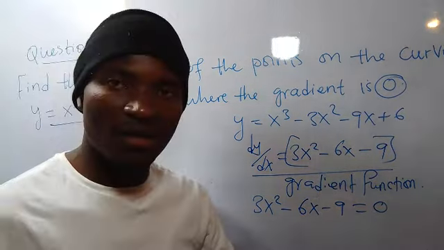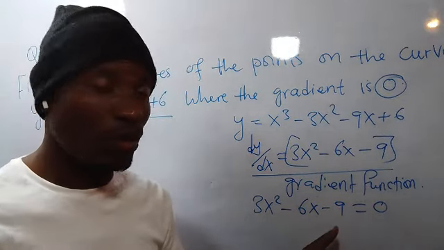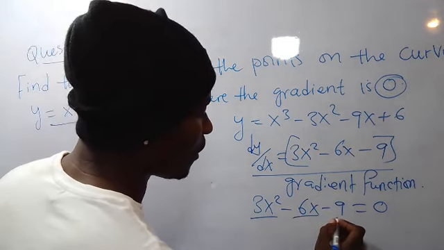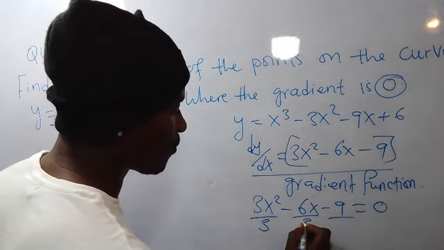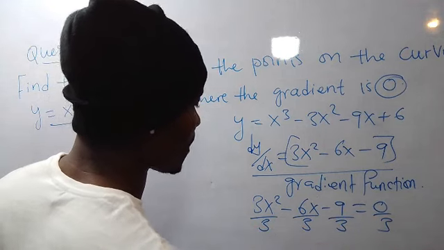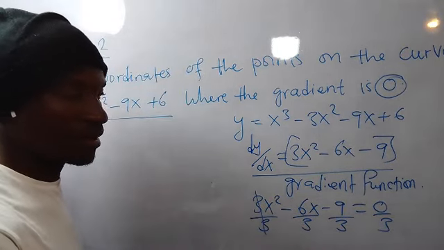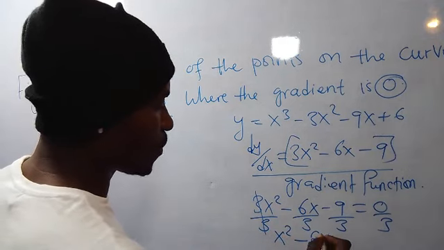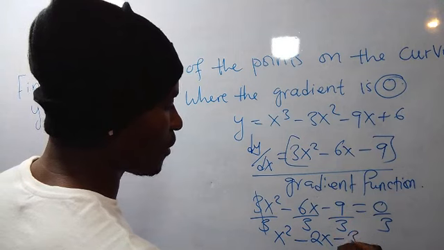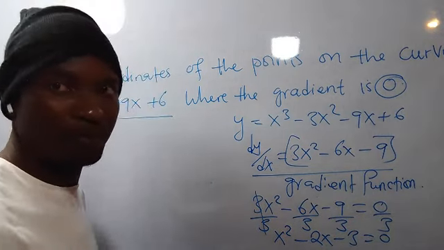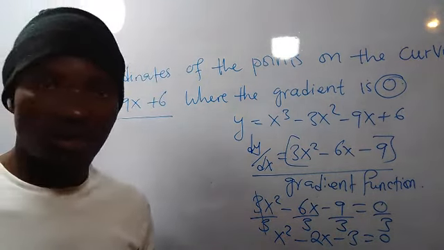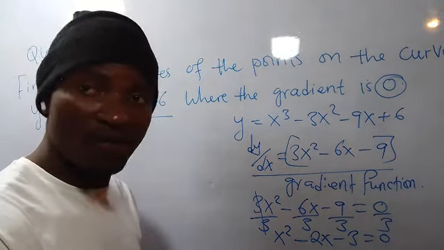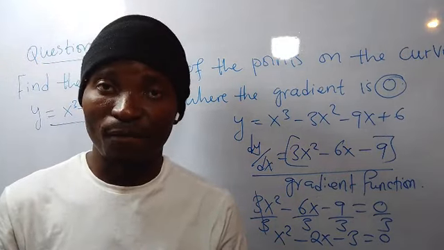So once you have something that is so simple, you can simply reduce this by dividing by a common number, which is just 3. So this goes out, okay? And then it remains x squared minus 2x minus 3 equals 0. Okay? Now, from there, you can see that we now have a quadratic equation, okay?